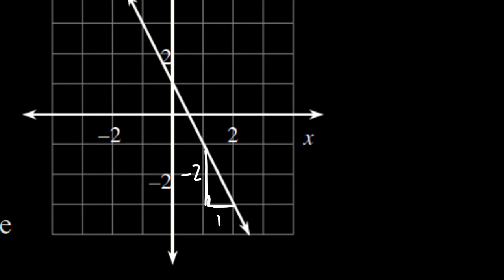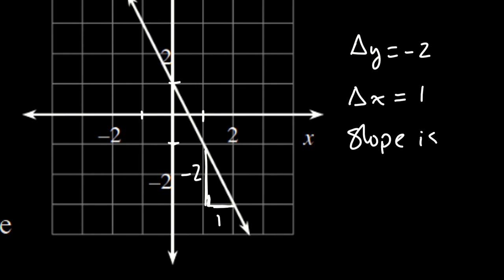So I'm just peeking at the units here. Each one of these lines is 1, right? So I don't have to worry about getting this wrong. So my change in y, my delta y is down 2, and my change in x is 1. So the slope of this line is -2 over 1.